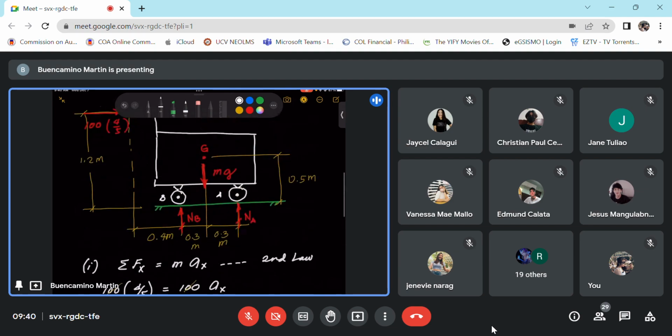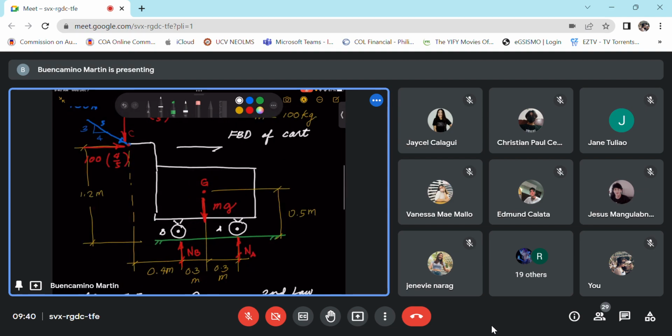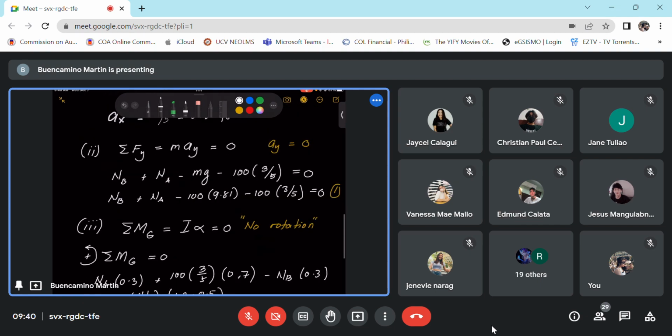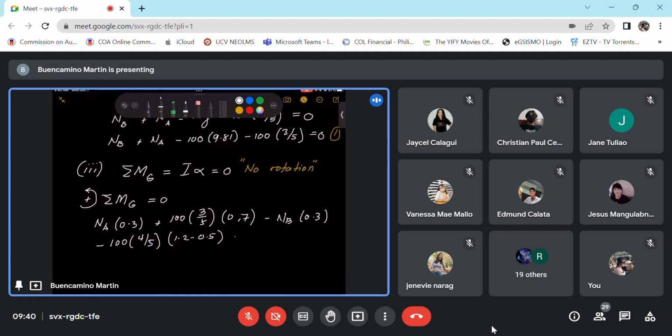And yung mg natin, of course, will have no moment about G because doon tayo nag-moment sa G. And of course, everything is equal to 0.